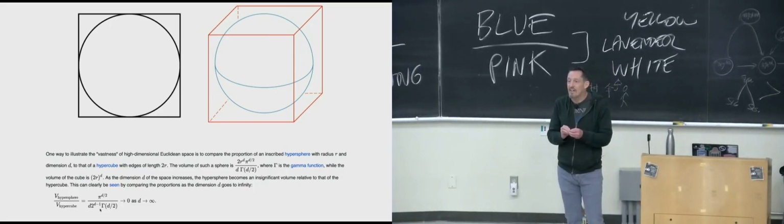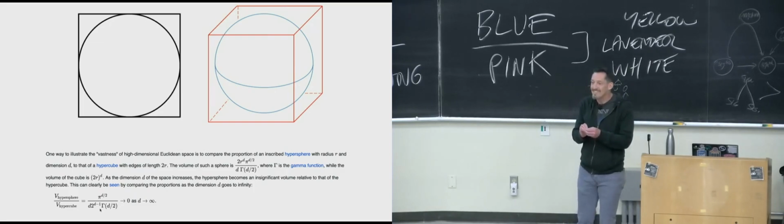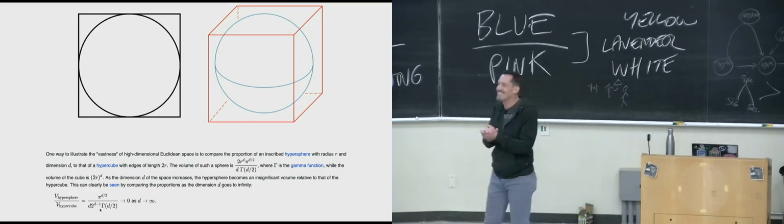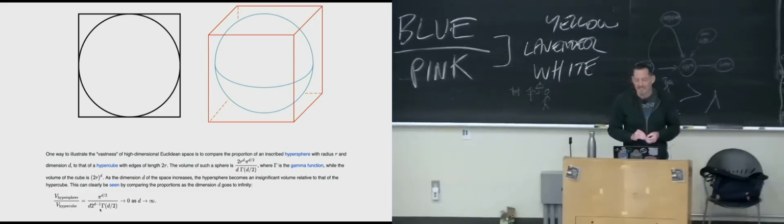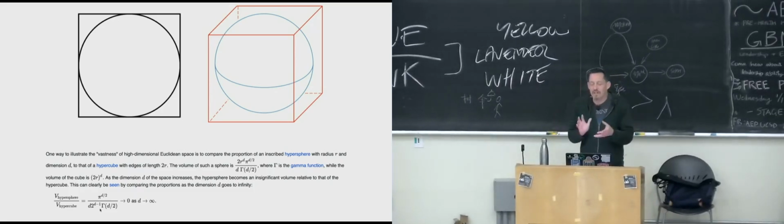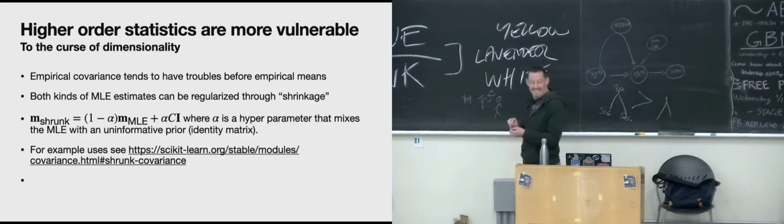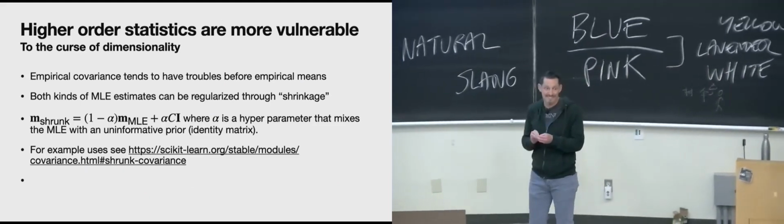Eventually, the sphere has 0% of the area of the cube. Boom. You don't have to follow this exact math, just the idea that high dimensionality is super hard to sample. And when you're calculating statistics in high dimensionality, stuff gets wacky.